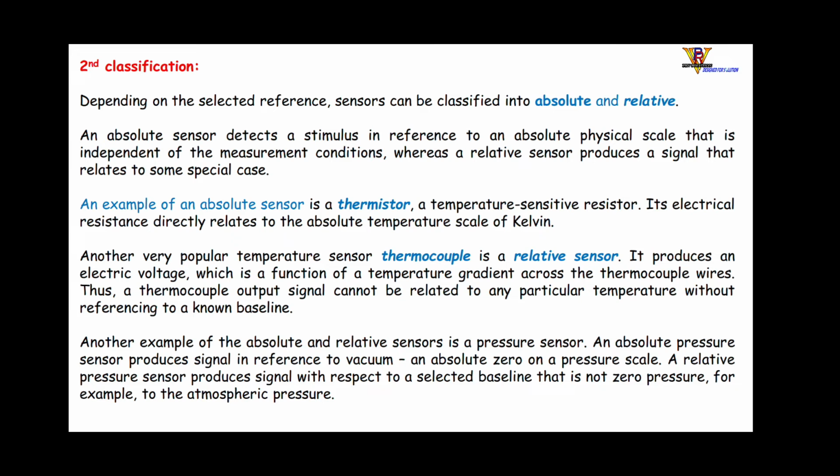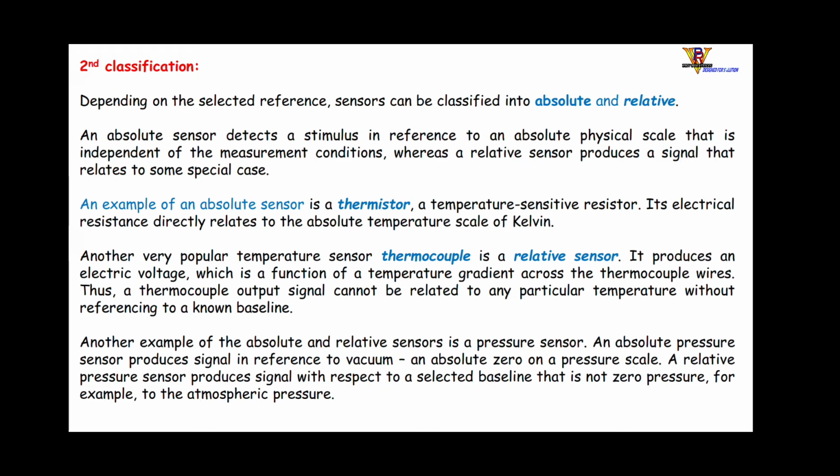Means the change in the resistance can be directly related to the absolute temperature scale of Kelvin, that is, change in resistance can be directly calibrated in terms of the temperature scale of Kelvin.